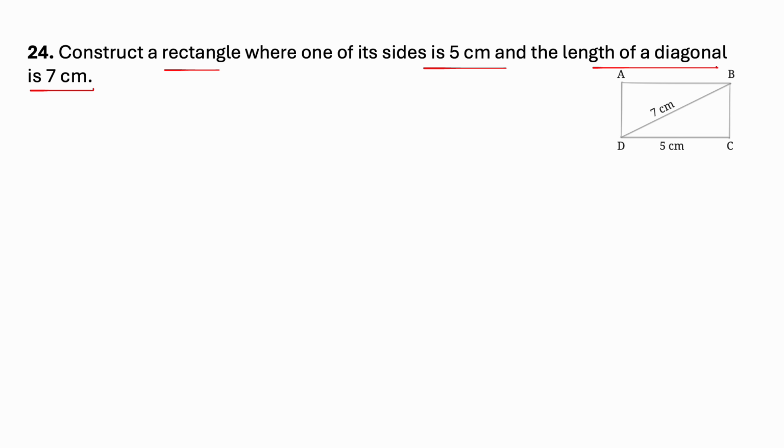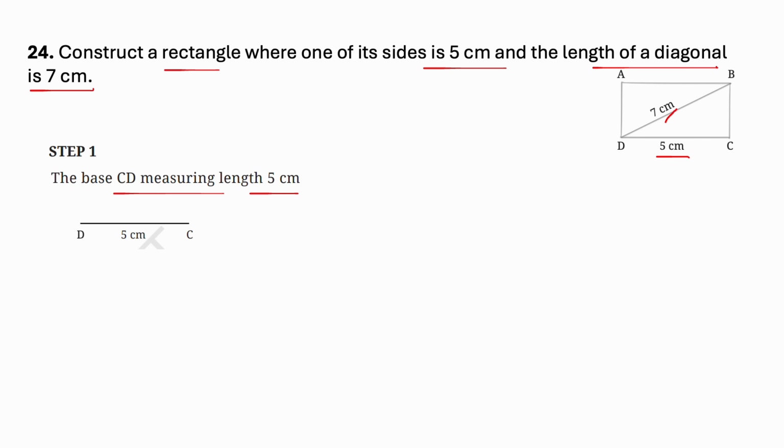See, we have to construct a rectangle like this. One side is 5 centimeter, the diagonal is 7 centimeter. So first, step 1, the base CD measuring length 5 centimeter. We have to draw a line segment like this. Line segment CD or DC with 5 centimeter.